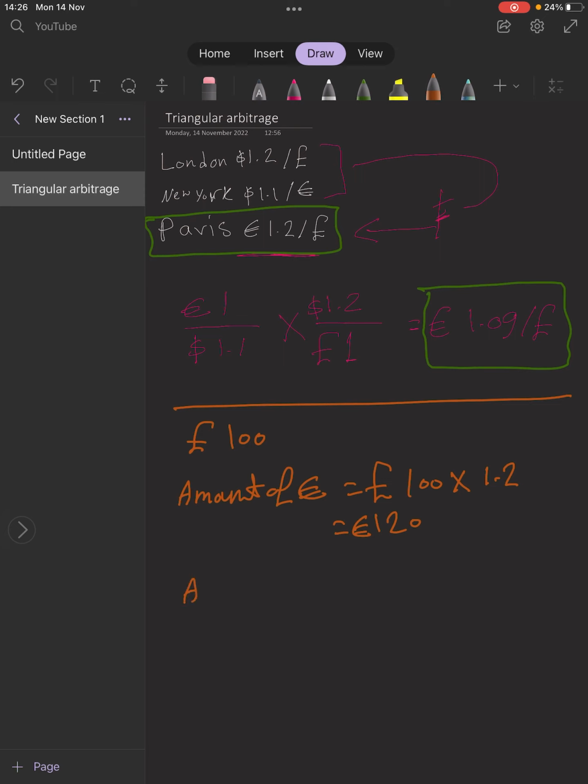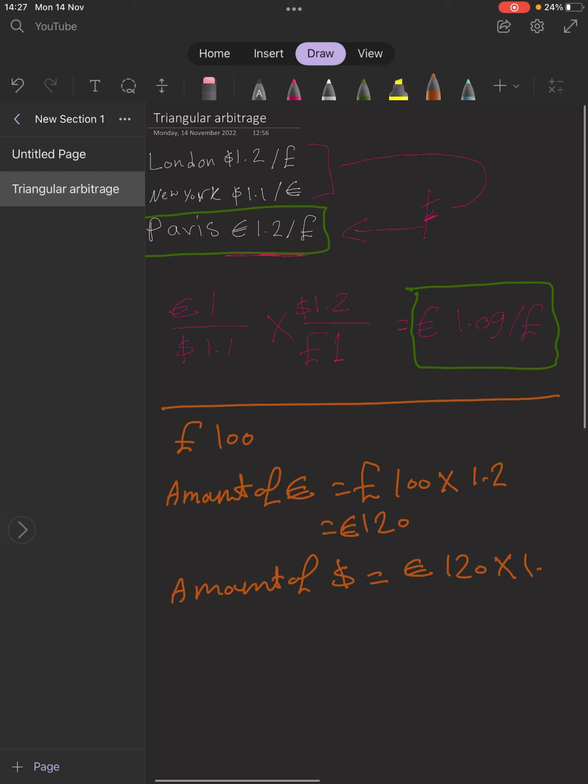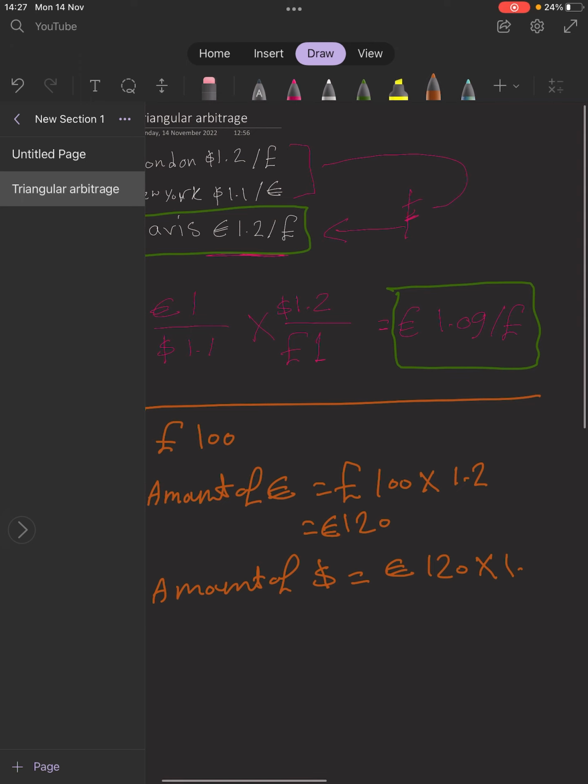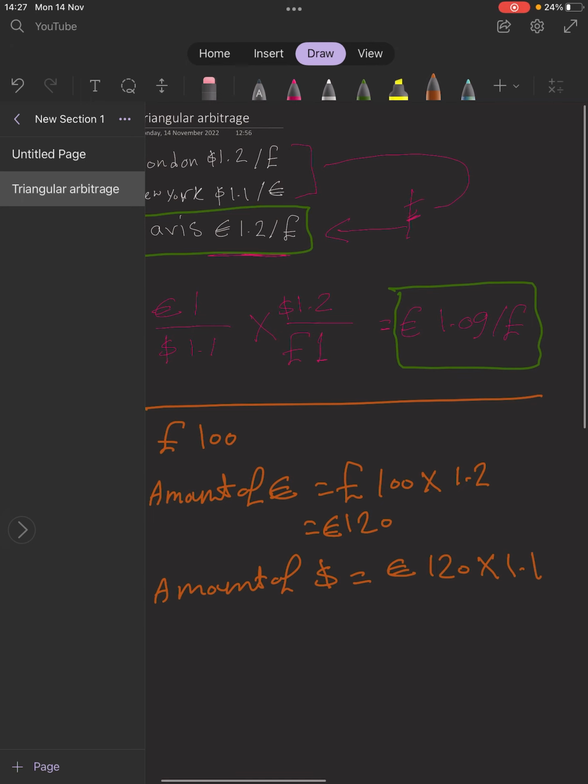The amount of dollars will equal the amount of euros, which is 120 euros, times the dollar-euro exchange rate. So it will be 120 times 1.1, which equals $132.